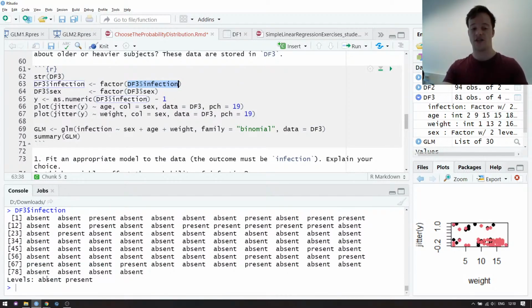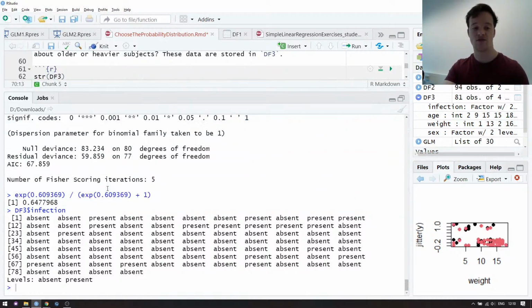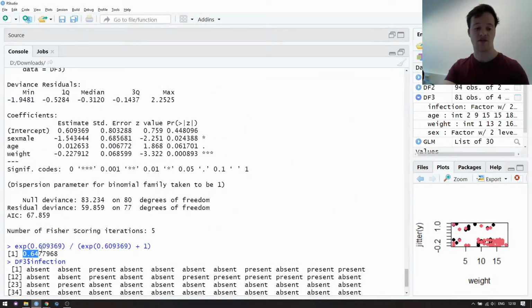The first level is taken to be the 0. Second one is taken to be the 1. So the chance of presence of parasitic infection, some baseline measurement for the intercept for the reference group, is apparently about 65%. If I want to know what's the difference for males, how do I do that? For males, what is the rate of parasitic infection?